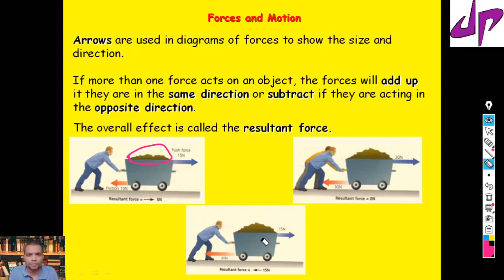But he is applying the same amount of force, 15 Newton in the forward direction. In the backward direction, because of the load, the friction force is increased. Now the friction force is 30 Newton, which is more than the applied force.